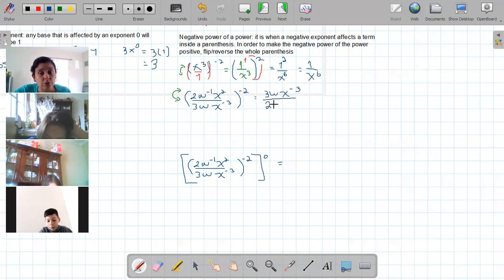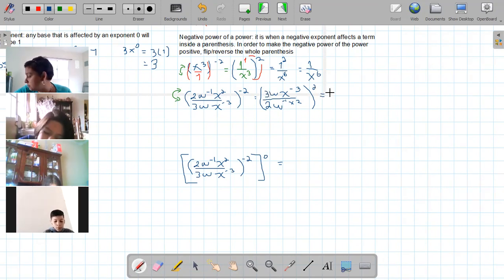So in this case, over 2w to the negative 1 x squared, and everything is now affected by an exponent 2, but now it's positive. Now I do the power of a power, and remember, if it doesn't have an exponent, it means that there is an exponent 1 in there. We're going to do the procedure mentally. So we're going to say 3 has an invisible 1, so 3 to what power are we going to have?